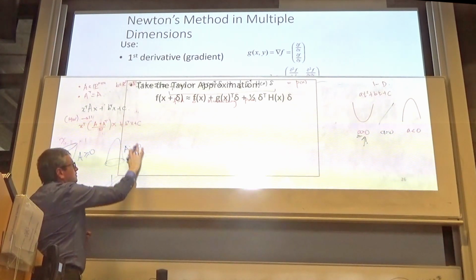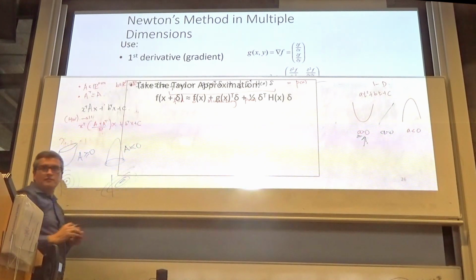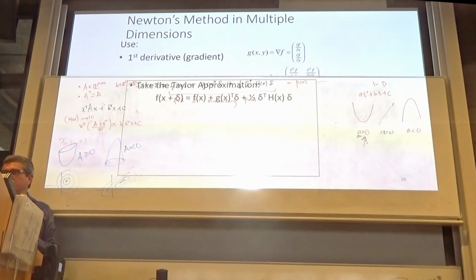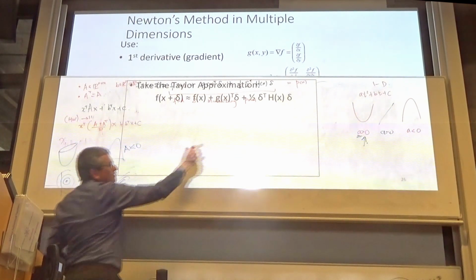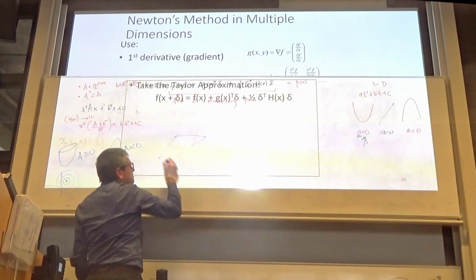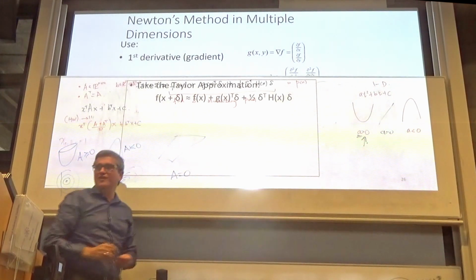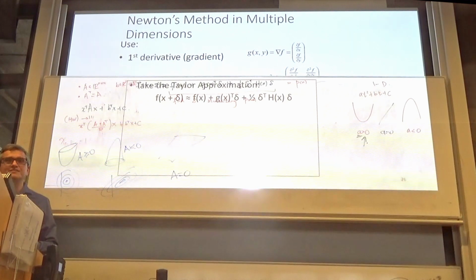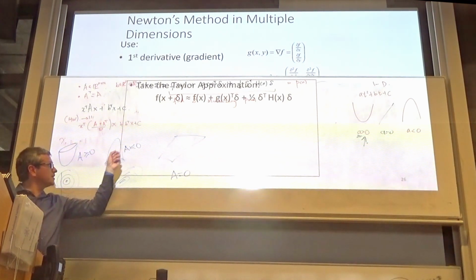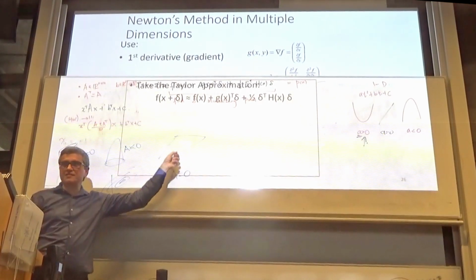There is a very famous quadratic, the plane. If A is equal to 0, we have a hyperplane. If the matrix is positive definite, we have this. If the matrix is negative definite, we have this. If the matrix is 0, we have this.